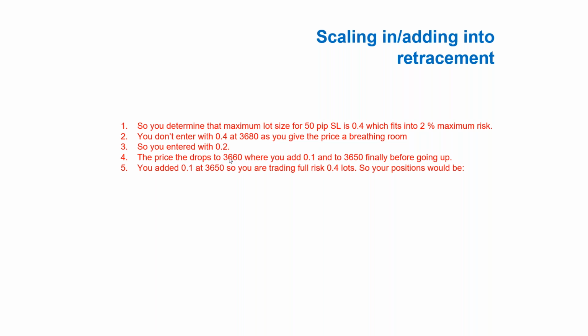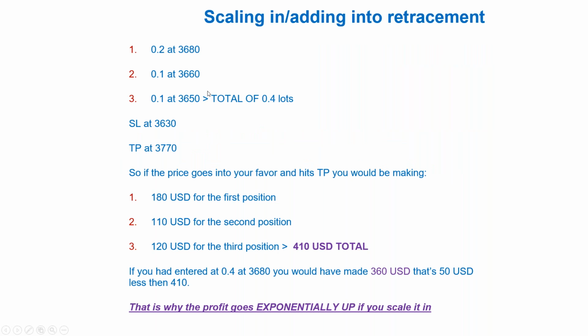The price drops to 36.60, where you add another 0.10, and at 36.50 one more, before the price went up. So you added 0.2 at 36.80, 0.1 at 36.60, 0.1 at 36.50. So you're trading full risk now. It's 0.4 lots.